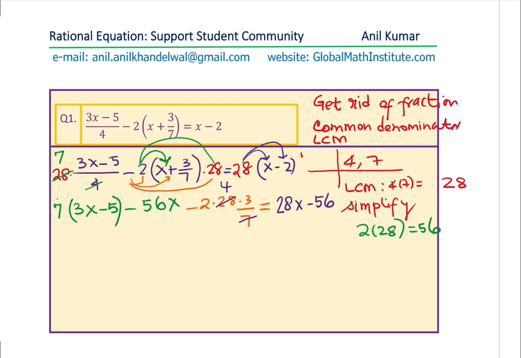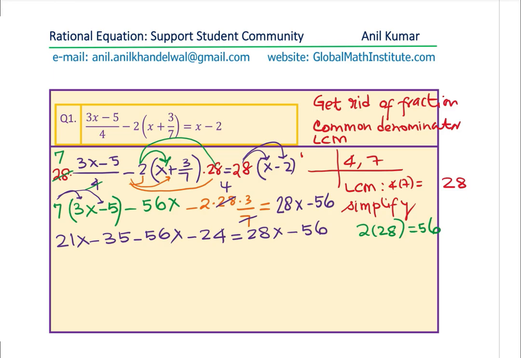Now, let us open the bracket for the first term and expand. 7 times 3 is 21. So we have 21x minus 35 minus 56x. 2 times 4 is 8, 8 times 3 is 24, equals 28x minus 56. You get the idea.